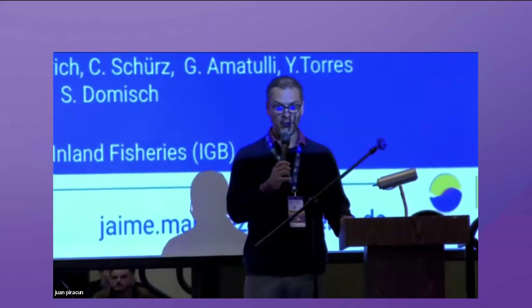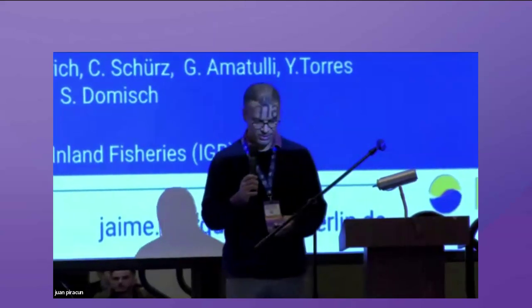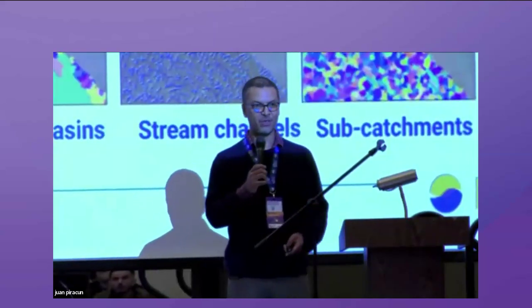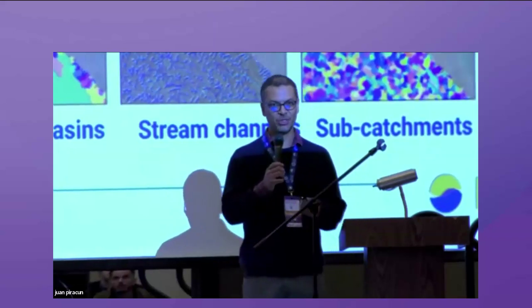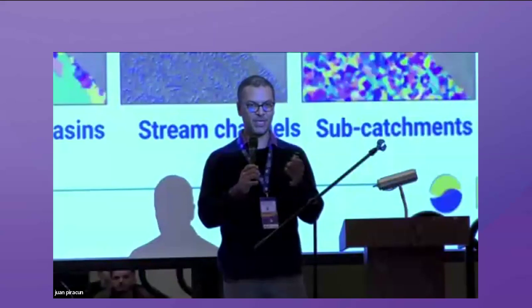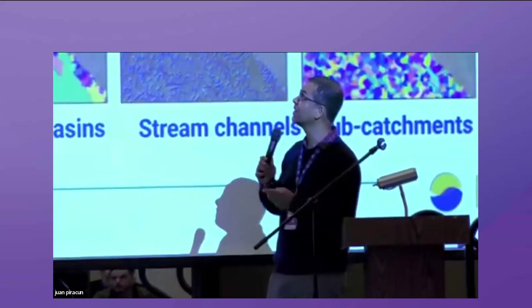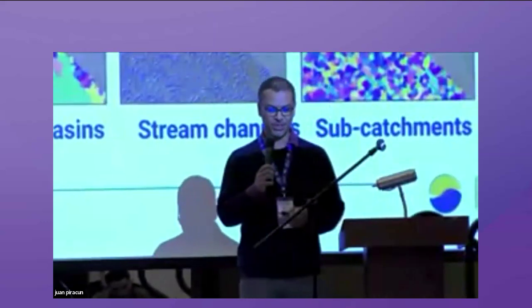But before going into details about this data set, let me tell you about another data set, which is key because it was the baseline to create the Environment 90 Meter database. This is the Hydrography 90 Meter data set.